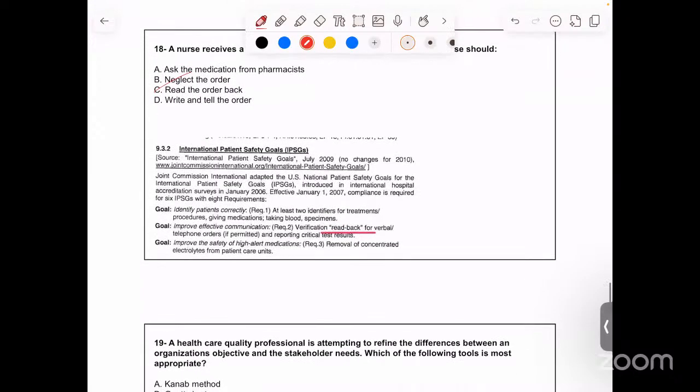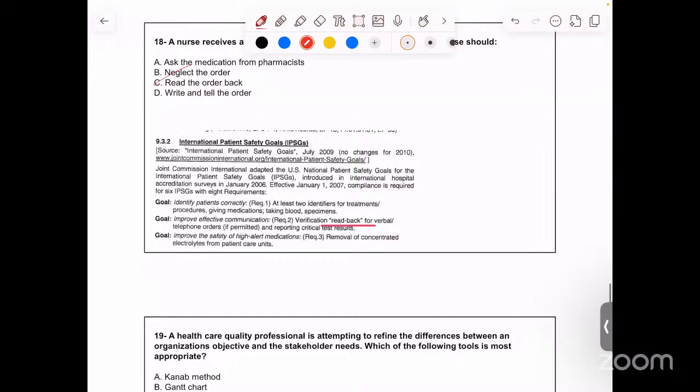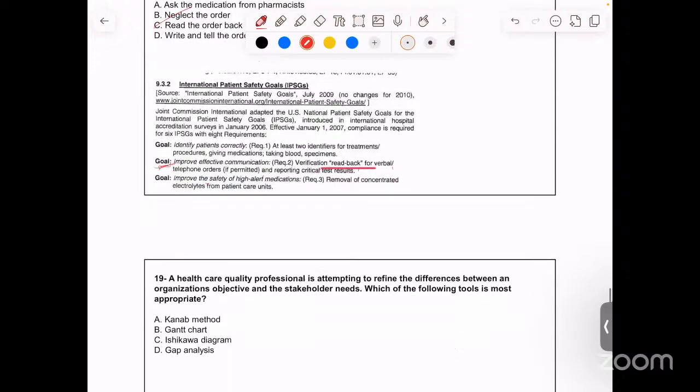Read the order back is goal number 2 in the IPSG, improve effective communication: verification of readback for verbal and telephone orders if permitted, and reporting critical test results. Correct answer is read the order back.